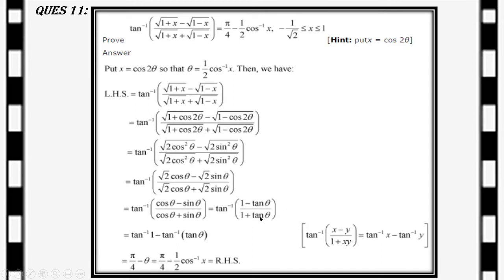So y is tan theta. Now tan inverse 1, you have already calculated the principal value, which is pi by 4, and here tan inverse and tan will self adjust and we get theta. So pi by 4 minus, put the value of theta back, half cos inverse x, which is equal to the right hand side.